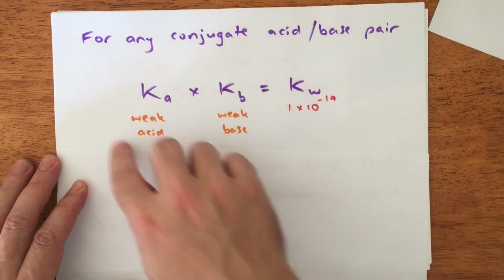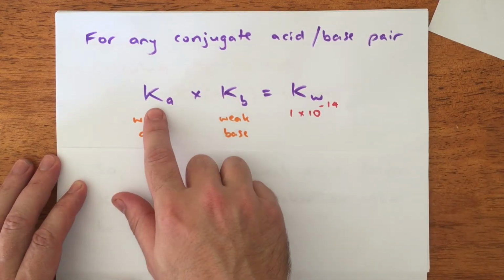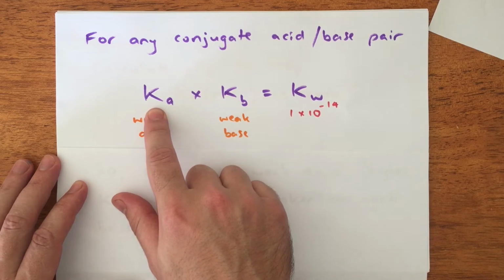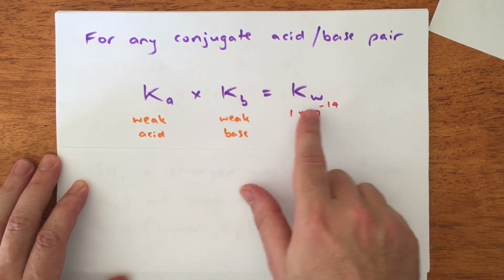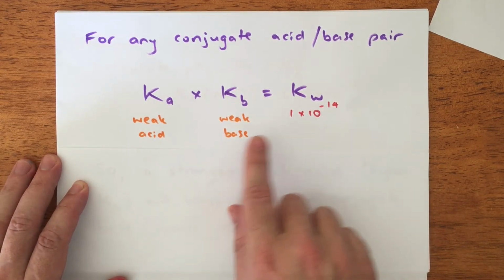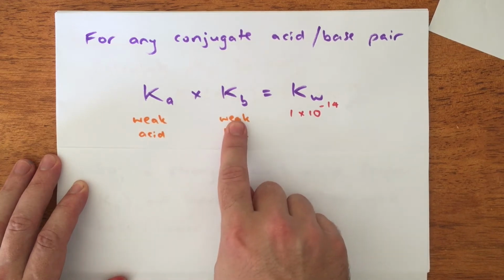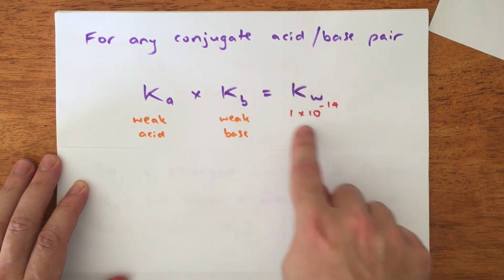What this equation tells me, however, is that if I have a Ka value for a weak acid that is high, its conjugate base must have a smaller Kb for Kw to remain a constant. As one goes up, the other has to go down to maintain this as a constant.